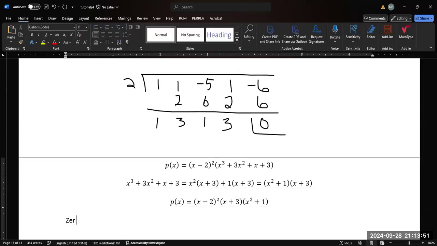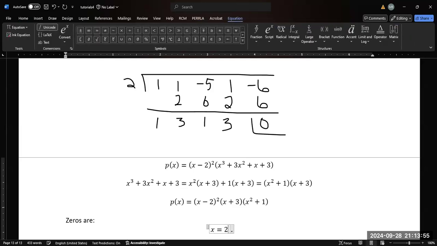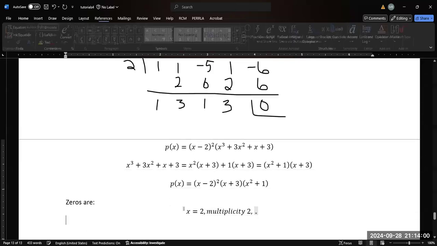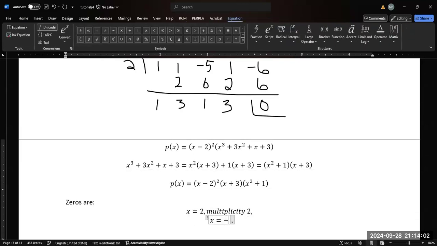So my zeros are x equals 2 with multiplicity 2, x equals minus 3 with multiplicity 1, x equals i and minus i with multiplicity 1 each.